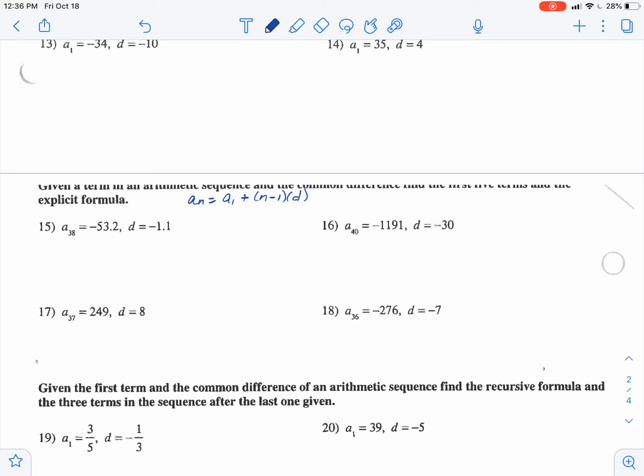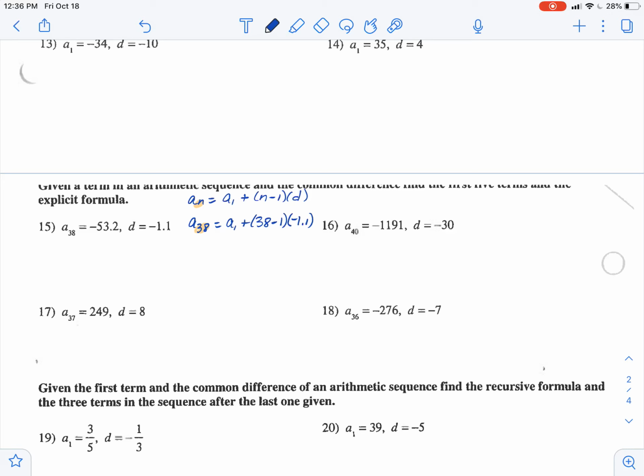And when I look at this, I know a sub 38 is what I'm looking for, okay? That's what I'm looking for. So that means my n is 38, okay? Equals a sub 1, I don't know, plus 38 minus 1 times a negative 1.1, okay?